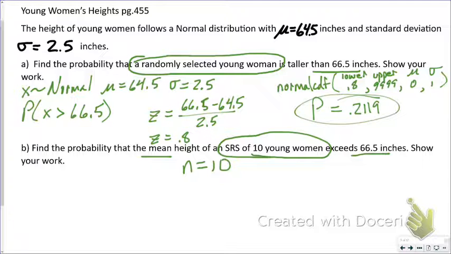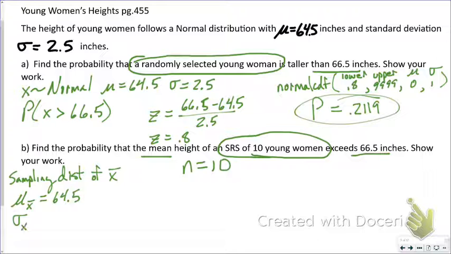All right, things change on part B. We are now looking at a sampling distribution of X bar. The mean stays the same, which is kind of weird. That doesn't change, but the standard deviation changes big time.